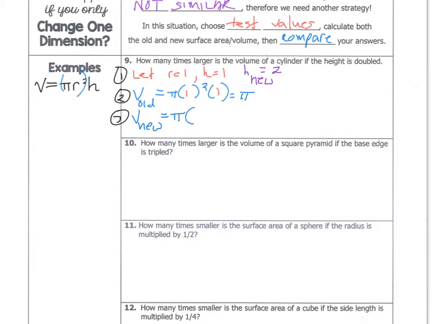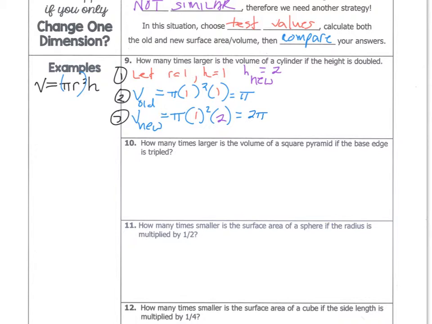So then we're still going to use our old radius. That hasn't changed. But our new height is going to be 2 this time. So what is 1 squared? 1 times 2 times pi. 2 pi.